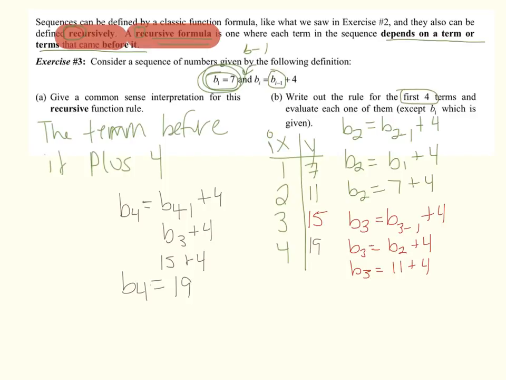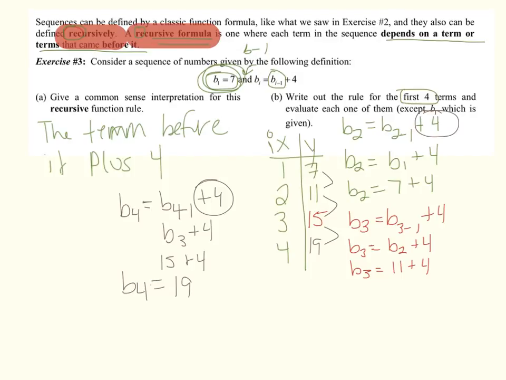Now, there's a couple ways that you can check this. Well, the first thing I want to do is talk about how I know it's the recursive formula. Notice that I had to have the term before it in order to find the next term. Once I knew I had 15, then I can use 15 to find 19. Well, you should say, hey, Mr. Payne, I know back from when we were talking in Chapter 4 about my linear functions, that if I have a plus 4 pattern, I know it's plus 4 there, and plus 4 there.